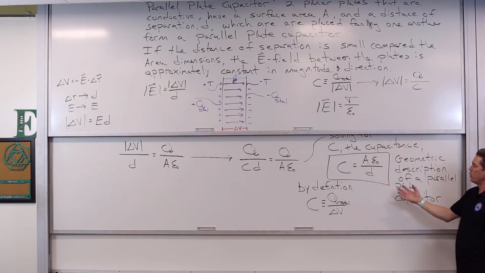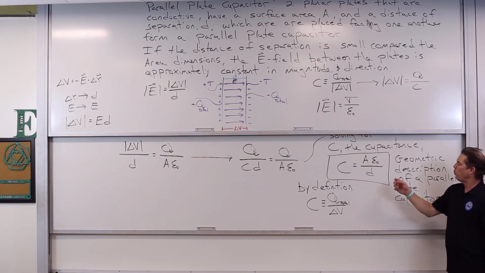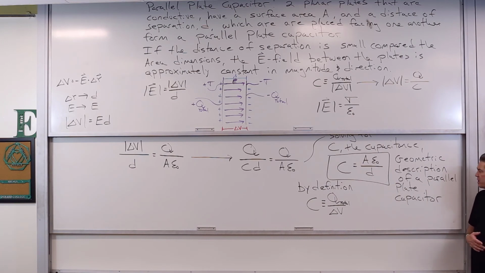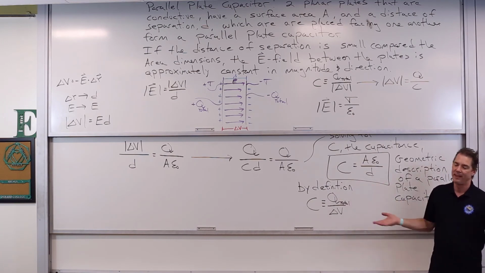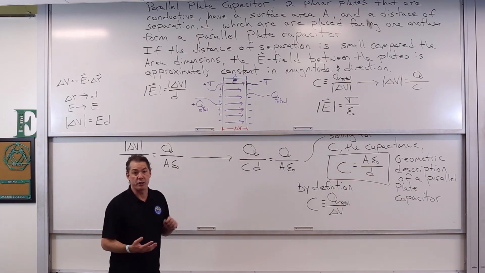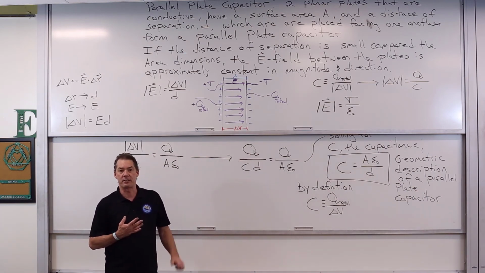Ultimately, we've got two descriptions of things, and this allows us to look at what spatial separation we would need, given a certain area and a certain potential difference applied across the sheets, to have a certain capacitance. That comes into play with actually building a capacitor with a certain capacitance.